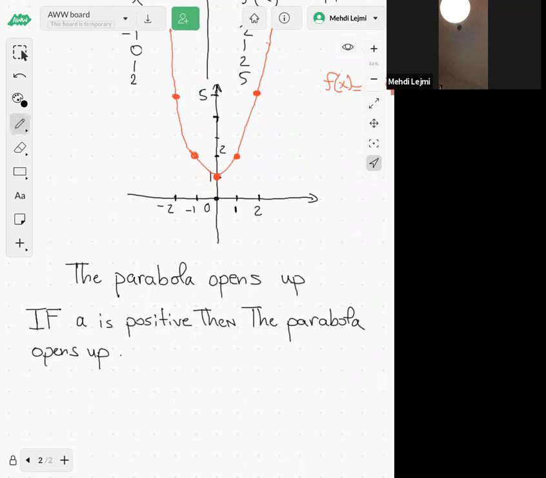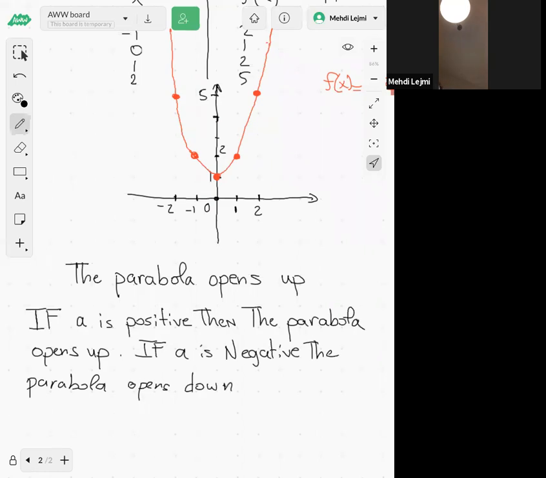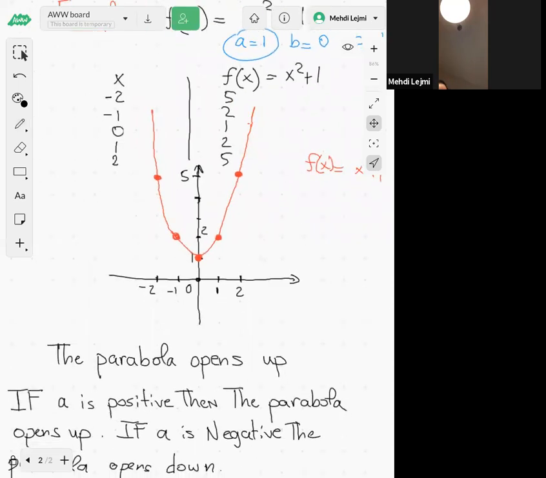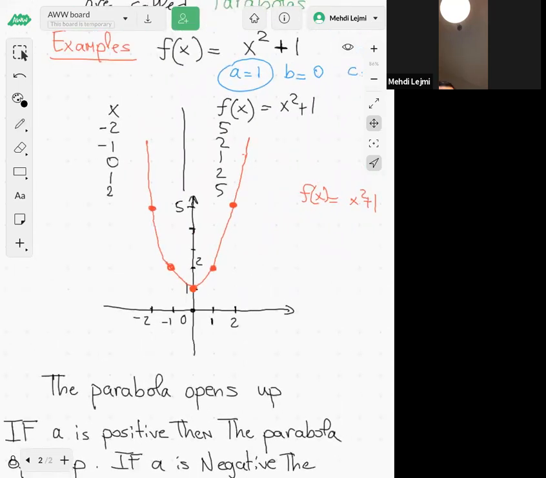And if A is negative, the parabola opens down. So this one here, it opens down if A is negative, right? Anyway, in my example, A is positive, so A is +1, so it opens up.